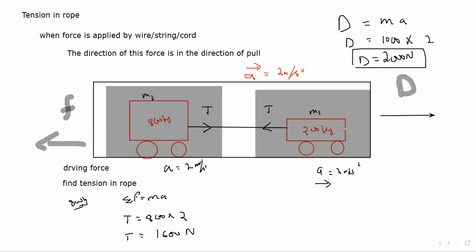There's a driving force, that's the part which is driving. That driving force is 2000, and the tension is there on this 200 kilogram object. Tension is pulling it, opposing its motion. So when we apply Newton's second law, because it is accelerating, the resultant force is equals to ma.